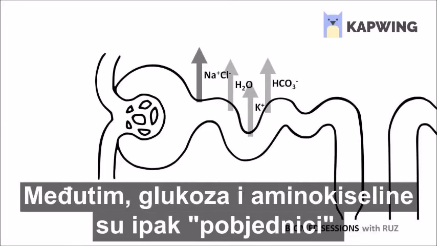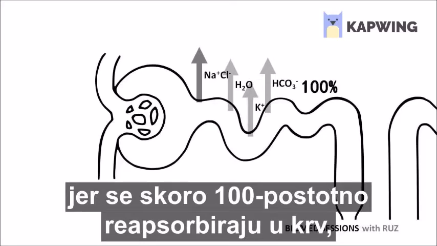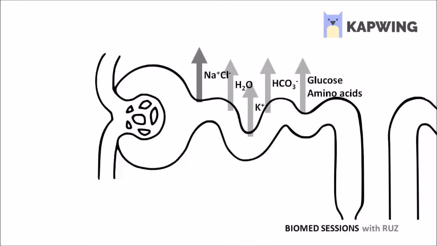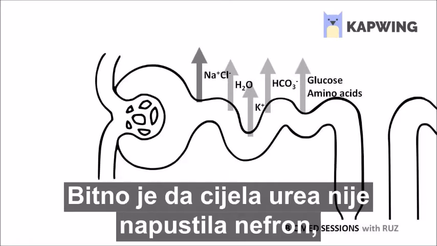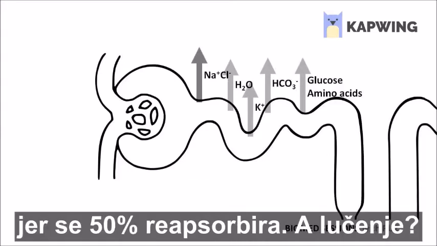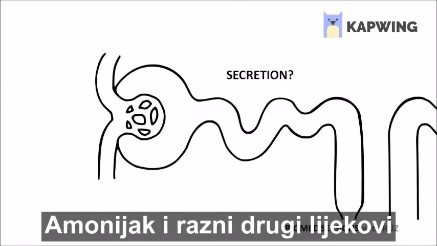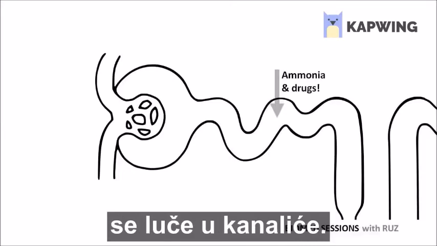But glucose and amino acids are the champions here, as around 100% are reabsorbed back into the blood to be used in processes such as respiration and making proteins. Note, not all urea leaves the nephron in the urine, as about 50% is reabsorbed. And secretion? Well, ammonia as well as various medications are secreted into the tubule.